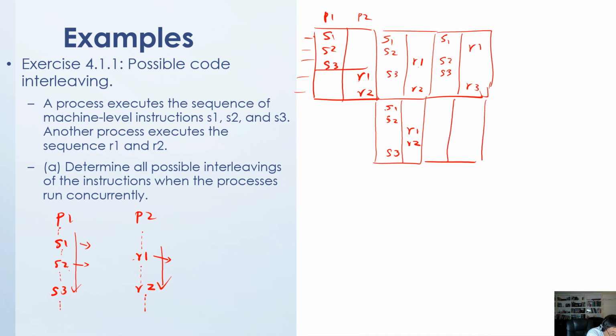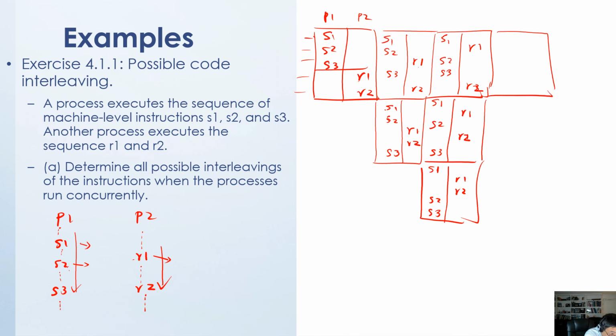And the next case is still S1, R1, but now R2 moves up one position. So now I have S2, R2, S3. And then R2 moves up again, right? So I have S1, R1. Oh, I'm sorry, this is R2: R2, S2, S3. And then I move up R1 again. So then you have another scenario.